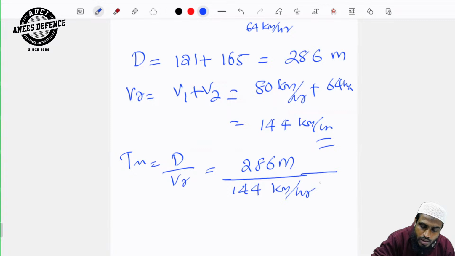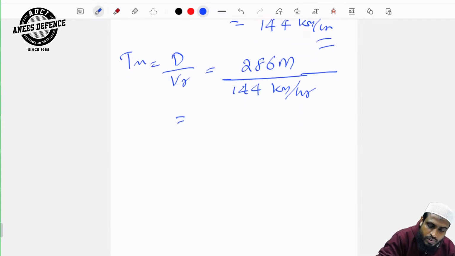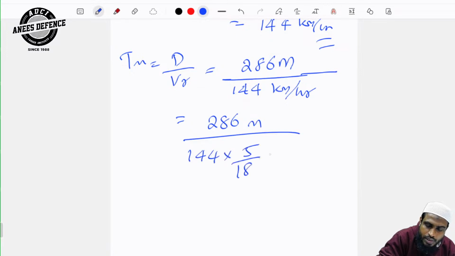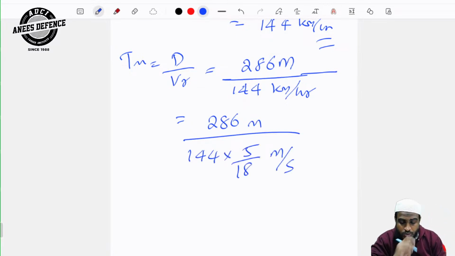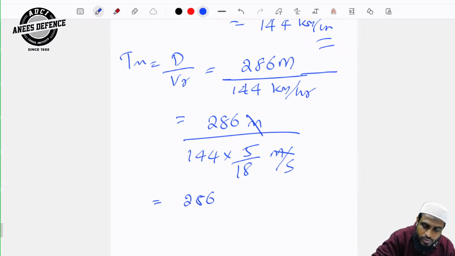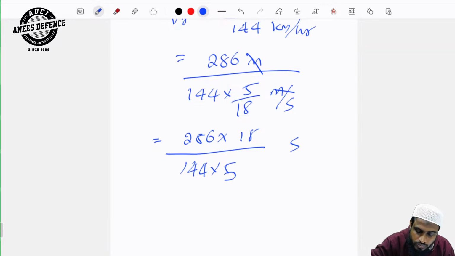So kilometer per hour can be converted into meter per second: 286 meter divided by 144 into 5 by 18 meter per second. So meter cuts, and second will come to the top. So 286 into 18 by 144 into 5 seconds.